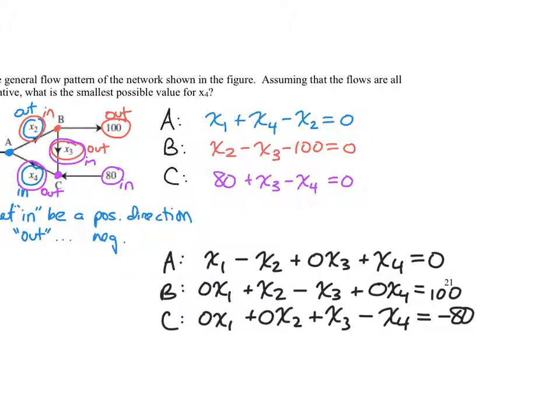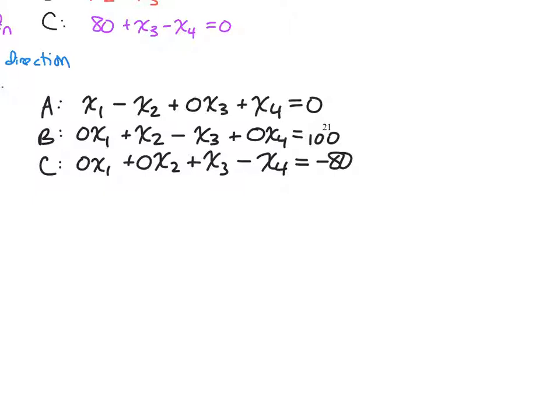All right. So 1, negative 1, 0, 1, 0, 0, 1, negative 1, 0, 100, and then 0, 0, 1, negative 1, negative 80.